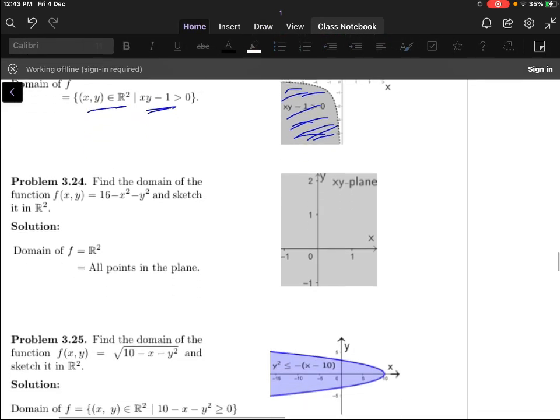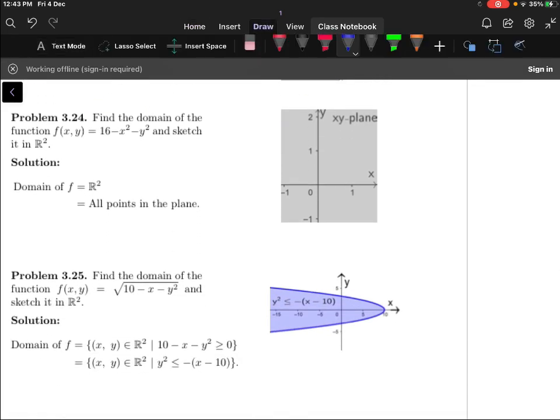Now let us take the next problem. Find the domain of the function f(x, y) = 16 − x² − y² and sketch it in R². So the whole R² you can take. If it is negative or positive, not a problem.